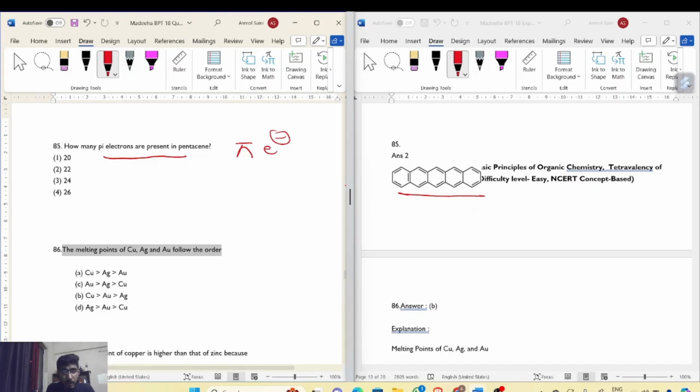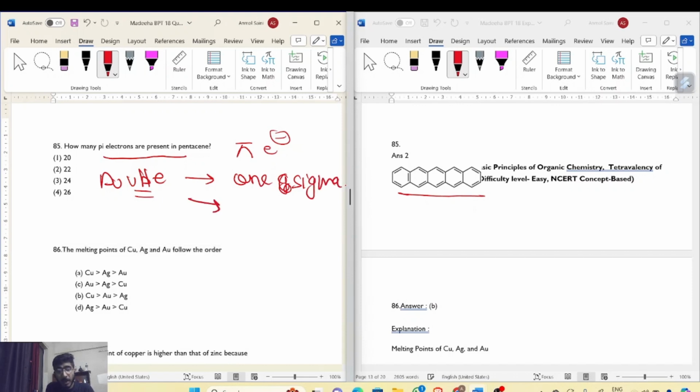So we know that every double bond will have one sigma bond and one pi bond, and each bond will have two electrons. Okay. So first of all we will calculate the number of double bonds.